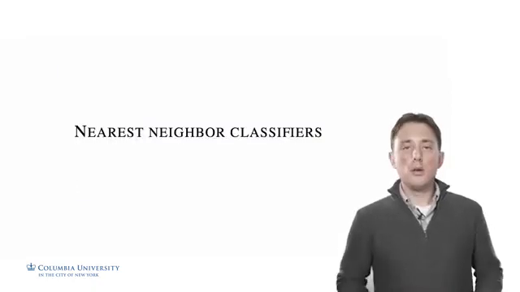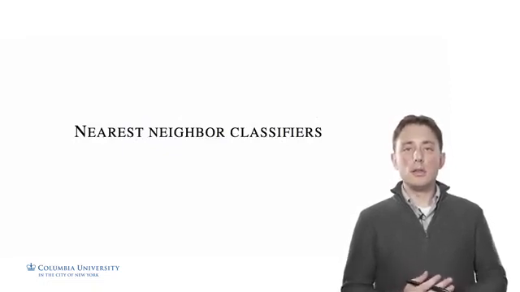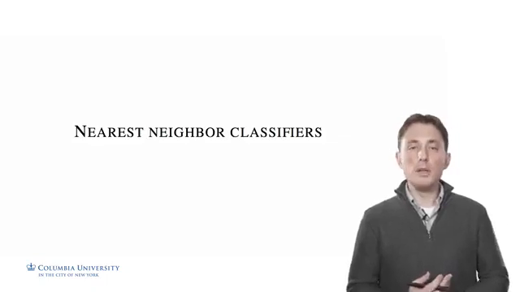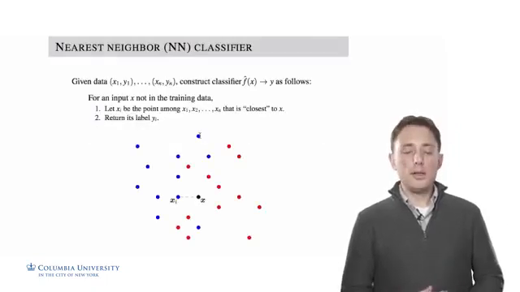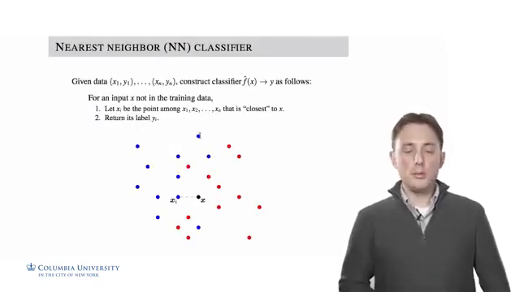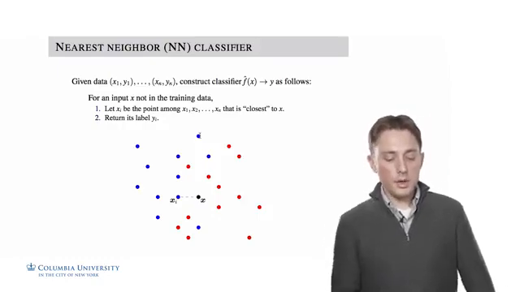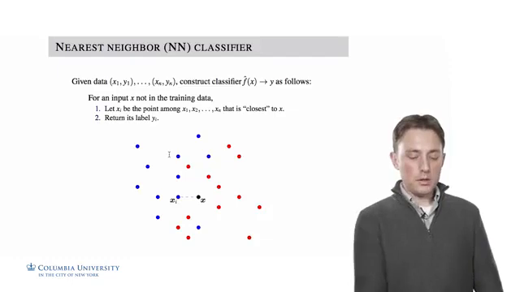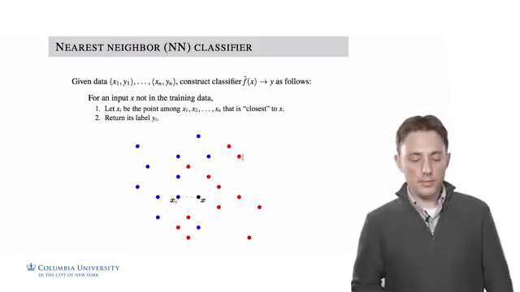Okay, so let's look at the simplest classifier that one could come up with, the nearest neighbor classifier. Here's an example of a nearest neighbor classification problem. As input, I'm showing data in R^2. Each of these points corresponds to an input x location.